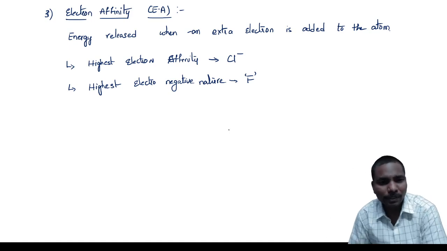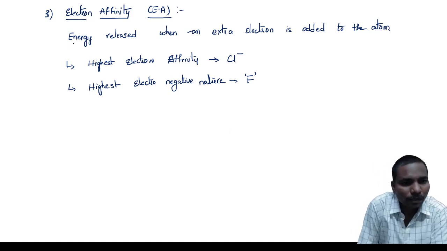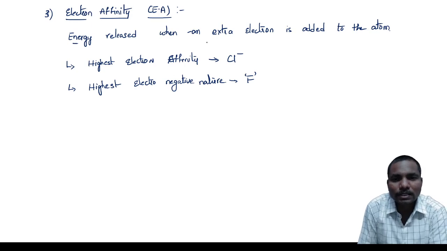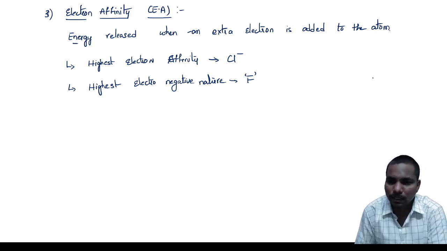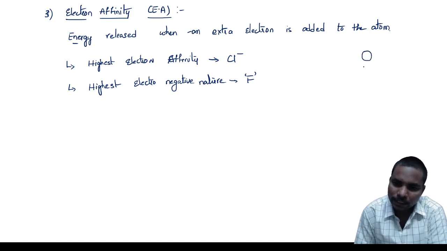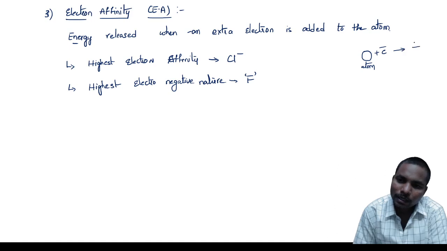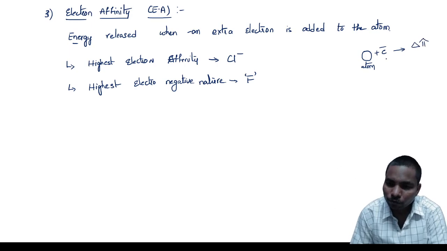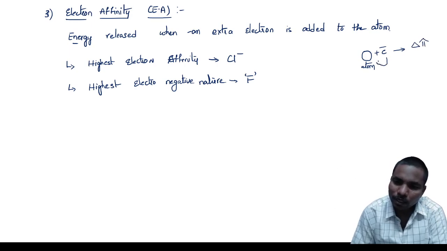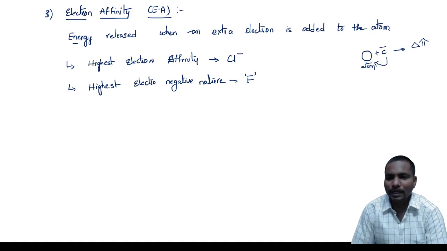Here the concept is, EA is the energy released when an electron is added to the atom. For example, consider it is one atom. If you add an electron to this, then energy is released. Correct? If we want to add the electron to the atom, this atom has to attract that electron.